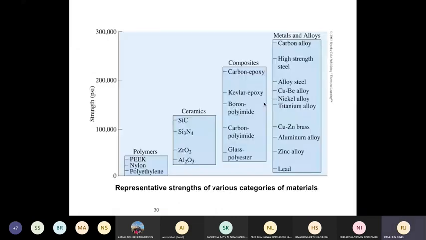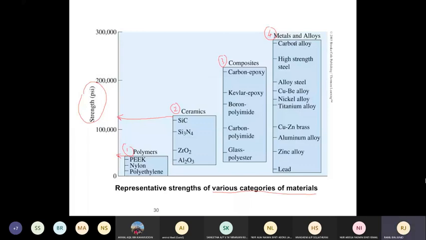This is the strength, the various categories of material. First we have the first category, which is polymer, and then the second category, third, fourth. The strength in PSI: polymer is the lowest value, then ceramic, the second one, and then composite, and metal and alloy.